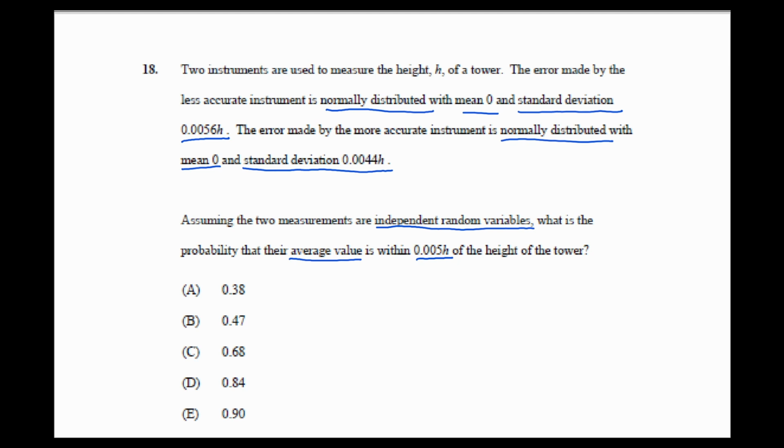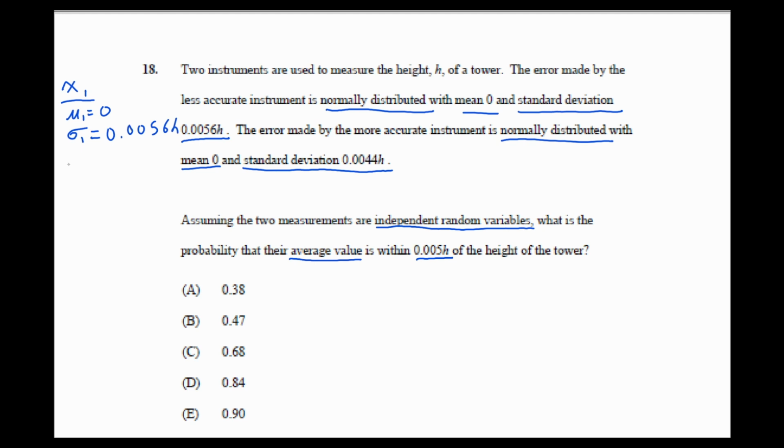So we have two variables, and we're going to denote them as x1 and x2, just to make it easy. So x1 has mu1 equal to 0, and standard deviation 1 equal to 0.0056h.